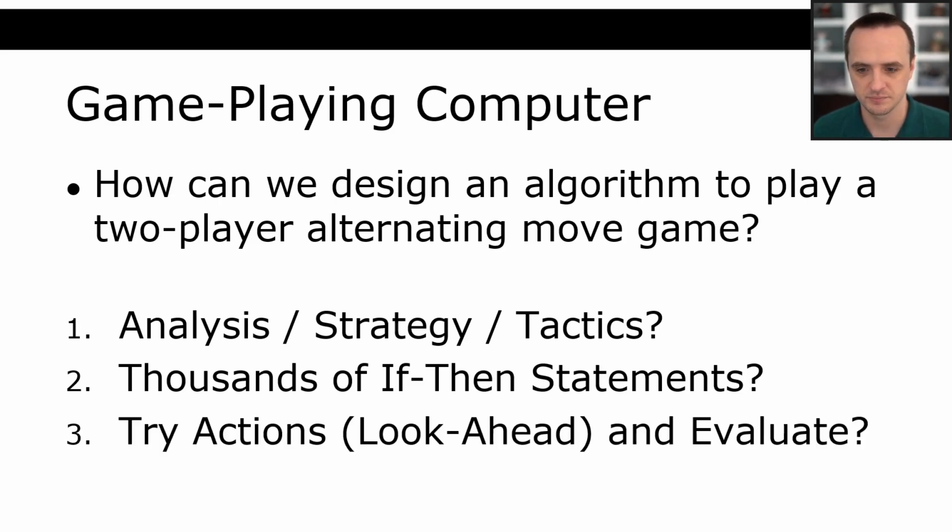Let's try a new idea called, I'm going to call this, let's try some stuff, right? So we'll try some actions, and then we'll evaluate those actions. So we'll say, okay, here's the different things that I'm capable of doing right now in this game. How about I try those things and see where I end up?